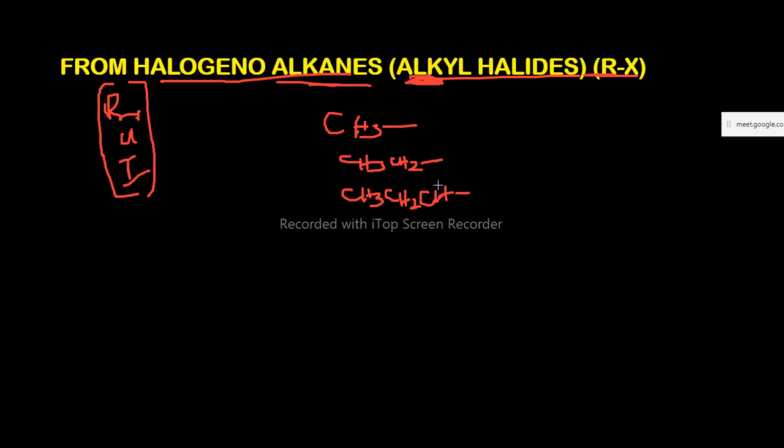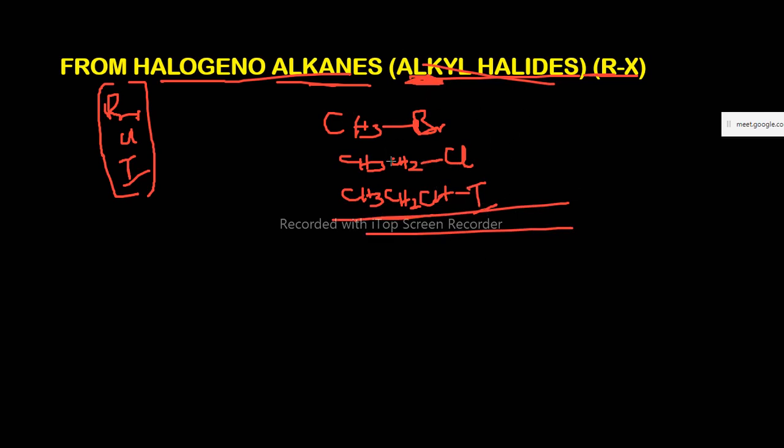As long as this alkyl group is bonded to a halogen, maybe a Br, a Cl, or an iodine, then this is called an alkyl halide, or a halogenoalkane.